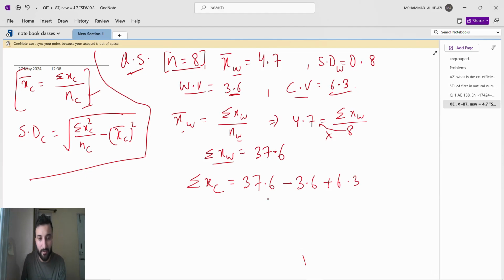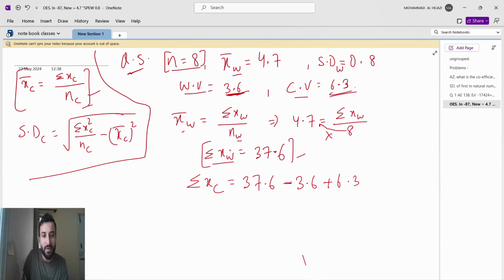Now we have to find this correct sum of all the observation. So for finding the correct sum of all the observation, what we will do? Yes, first of all we will find the wrong sum of all the observation. From that we will minus this wrong value and then we will add the correct value. That's it. So how we will get the wrong sum of all the observation?